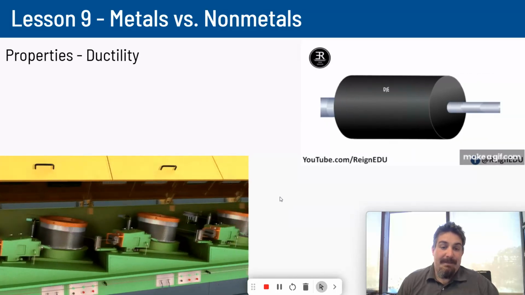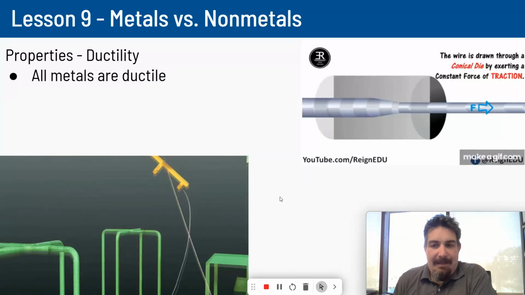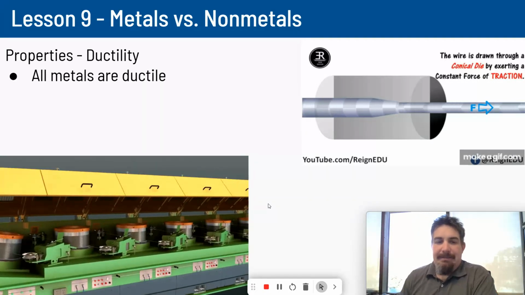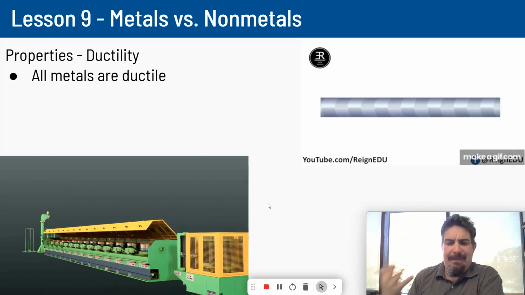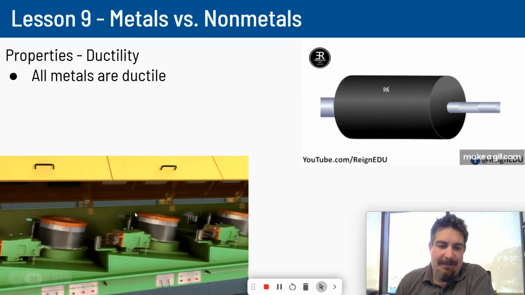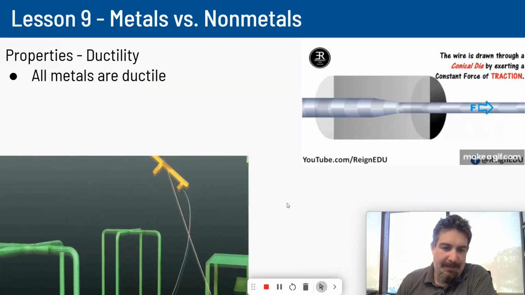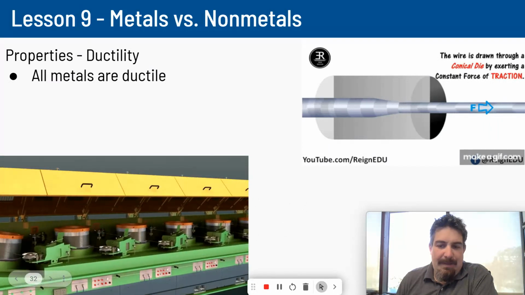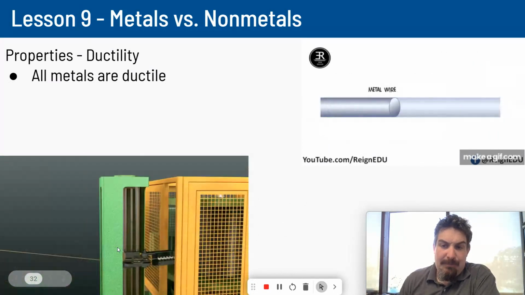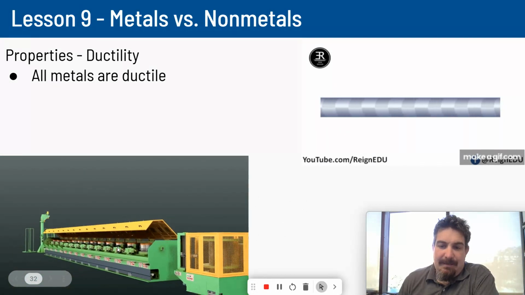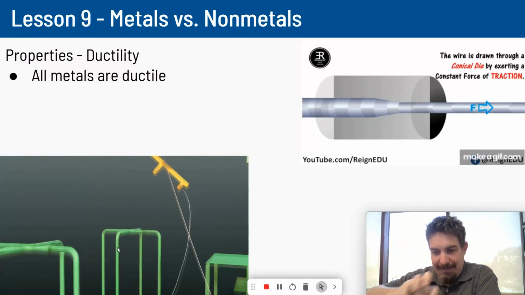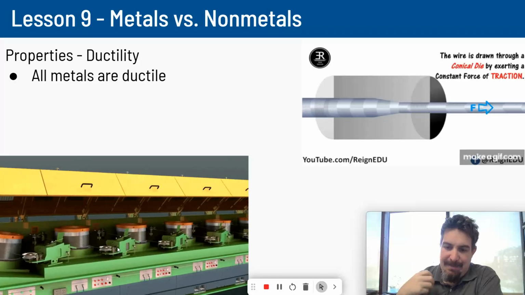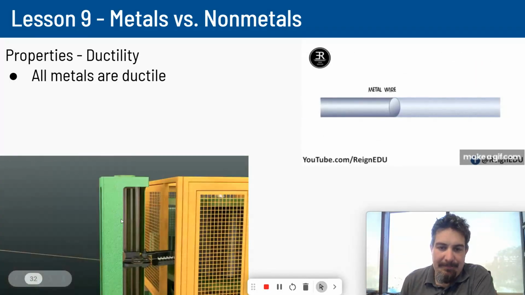Now, this property, ductility, is the ability to draw these metals into a thinner wire. And that's kind of a hard thing to picture. But the way to think about it, and we have some GIFs running here, is that we push the metal through a cone-shaped hole that squeezes it and bends it, in a sense, into a thinner, longer wire.